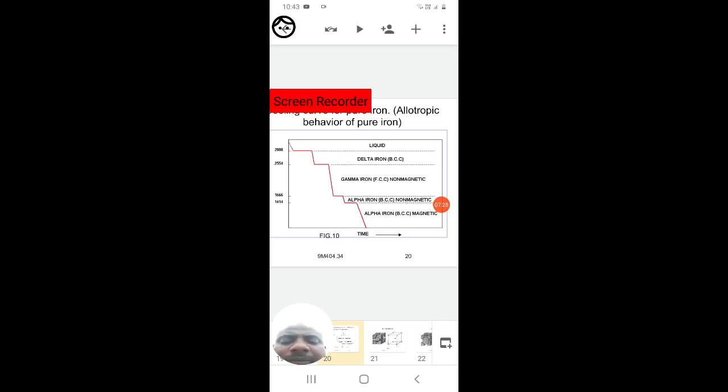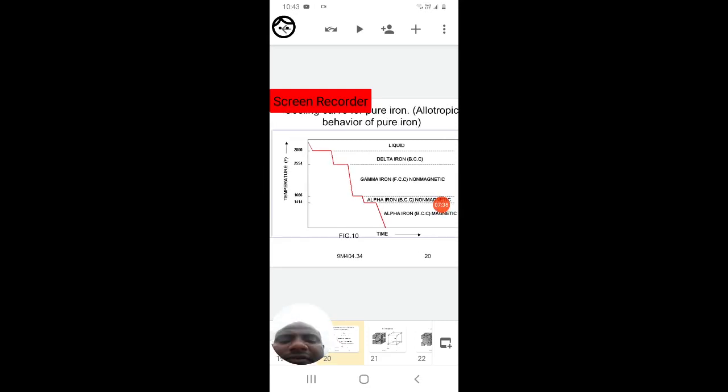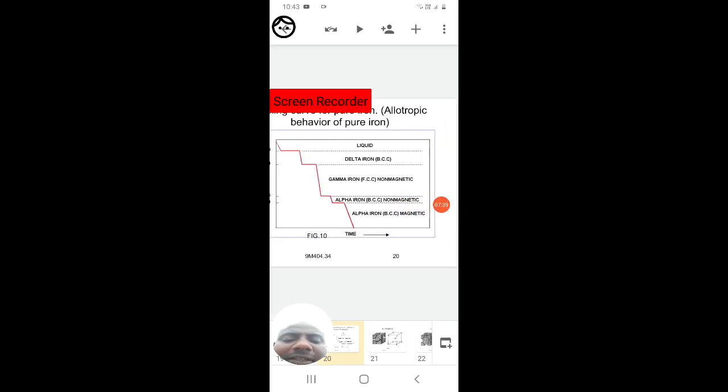Alpha iron above 1414 Fahrenheit is non-magnetic. Below 1414 Fahrenheit it has magnetic properties, and this is called beta iron. So the structures are very important. At different temperatures on cooling, it exhibits different properties.